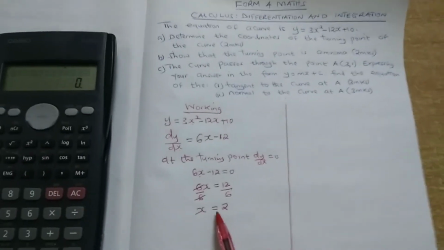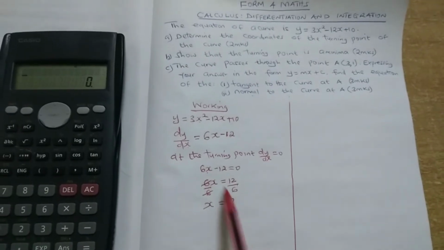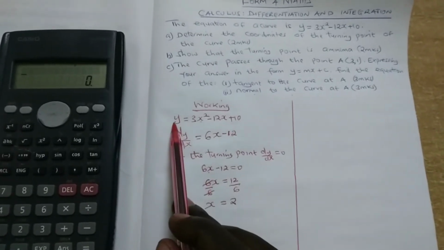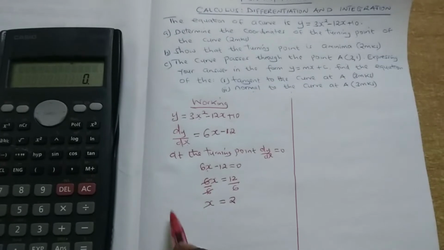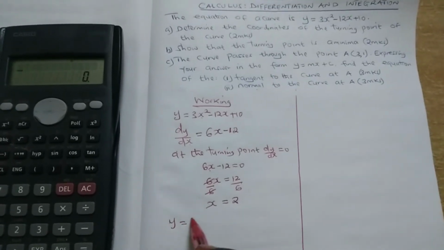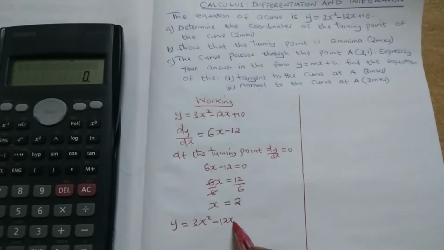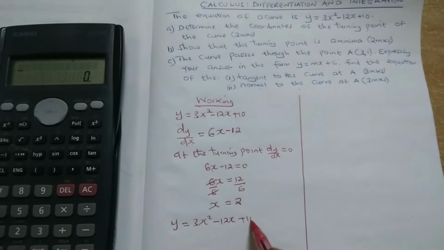To get the y coordinate, we substitute the value of x into the main function for y. The function we have is y is equal to 3x squared minus 12x plus 10.